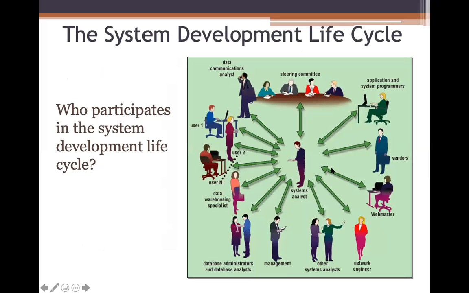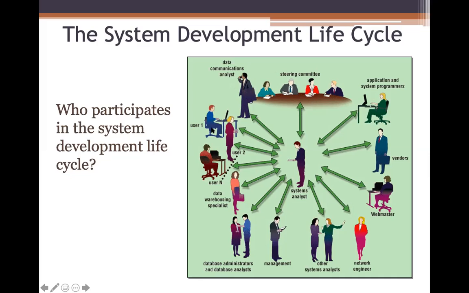So first we have to remember who are the people who participate in the system development life cycle. We can see here on this nice infographic, more or less it's like the situation in a company, right? We have the steering committee, a data communication analyst, and a user.